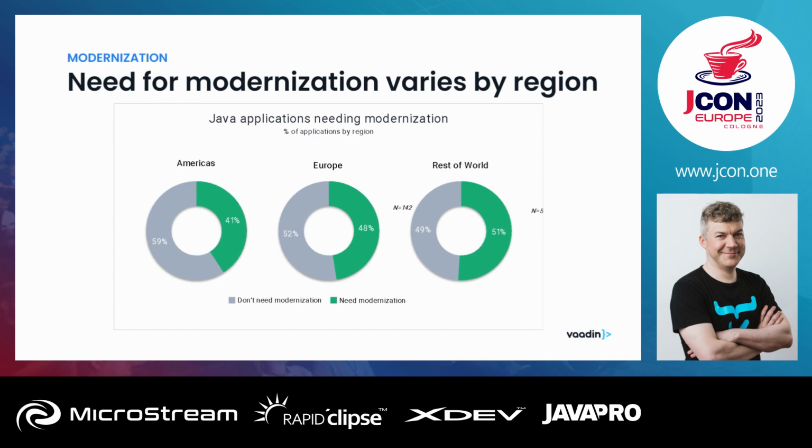So the Americans seemed to be the most optimistic that they did not require modernization of their applications. Europe was, well, behind them, close to 50-50, and the rest of the world, well, it was the opposite. So most respondents said that their applications did need modernization.